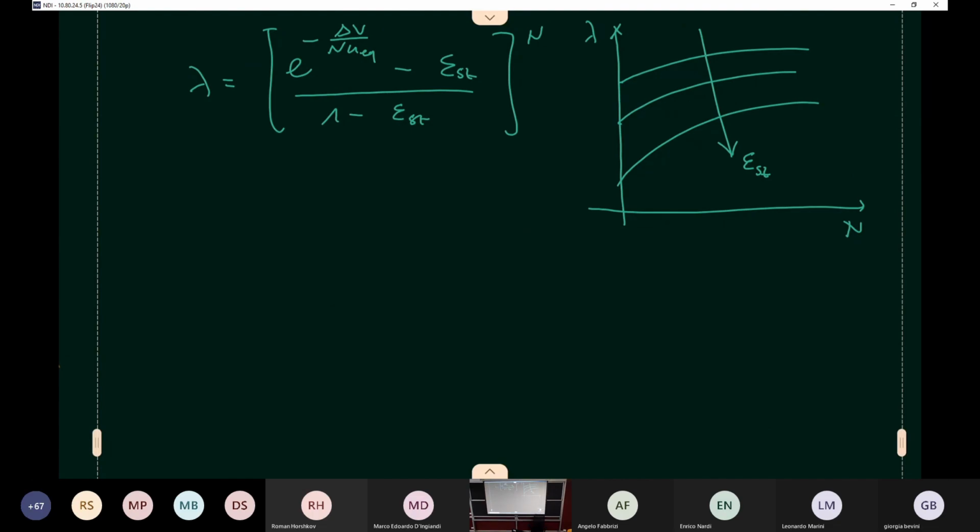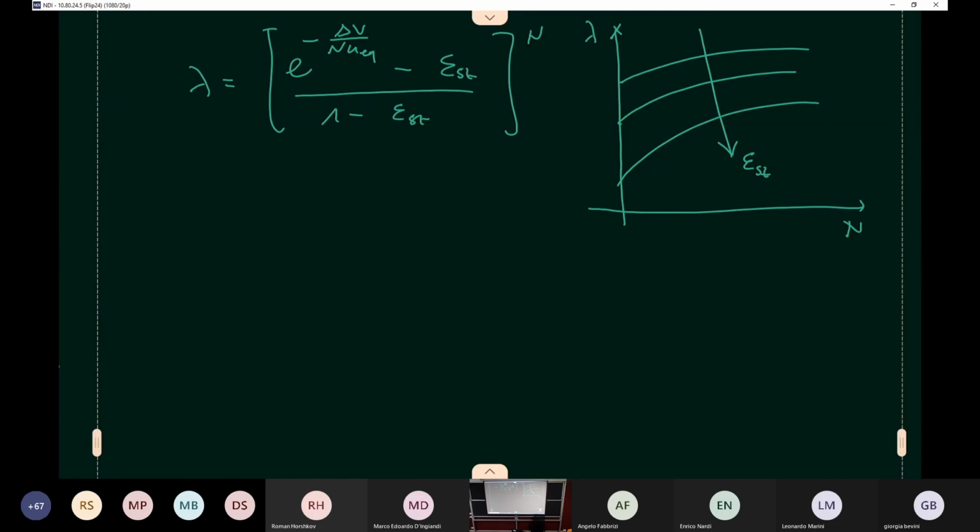What we see here is that for n going to infinity, this term goes to 1, so this will be 1 minus epsilon over 1 minus epsilon, means 1 to the power n that is going to infinity. This is a form that cannot be evaluated, an indeterminate form, so it cannot be solved directly.